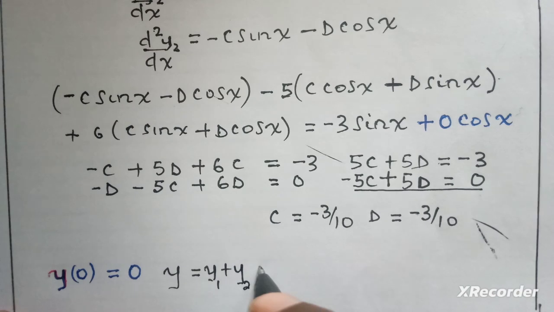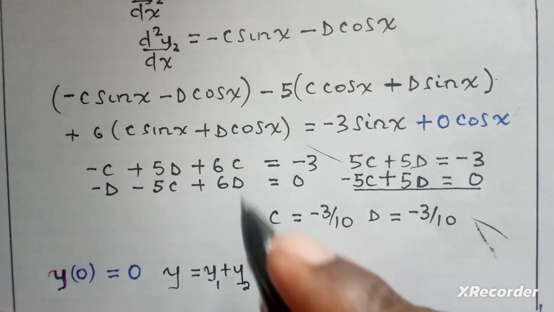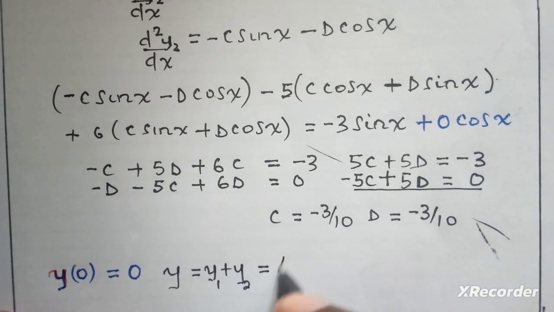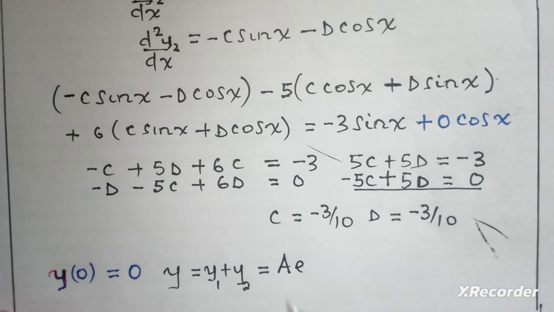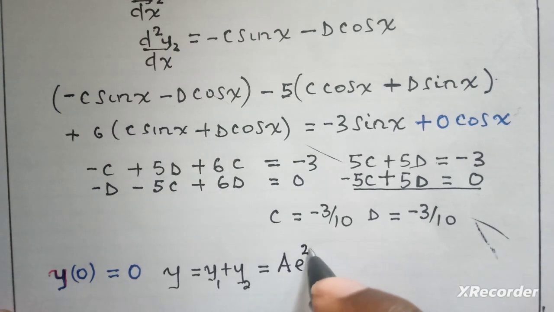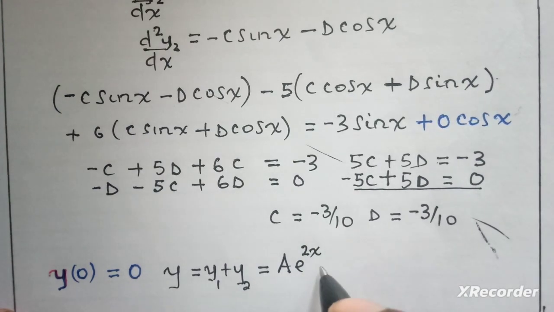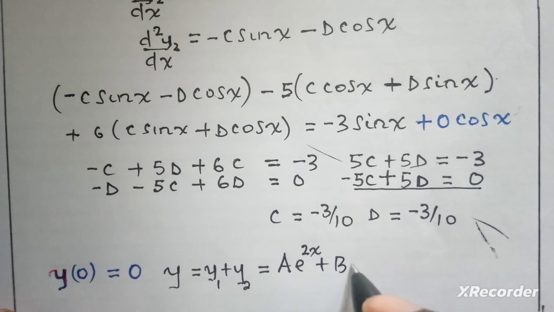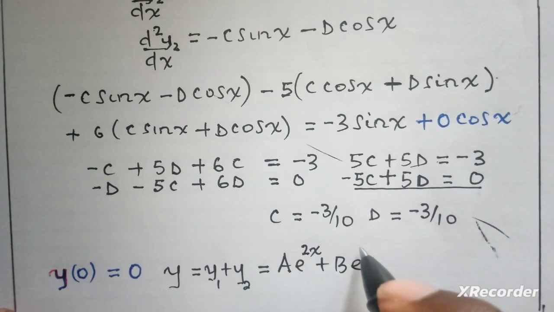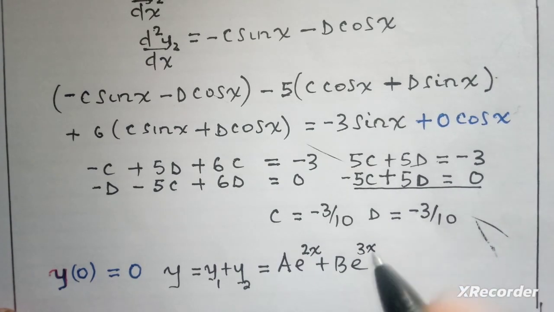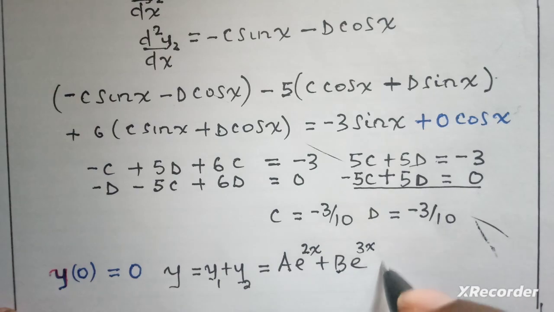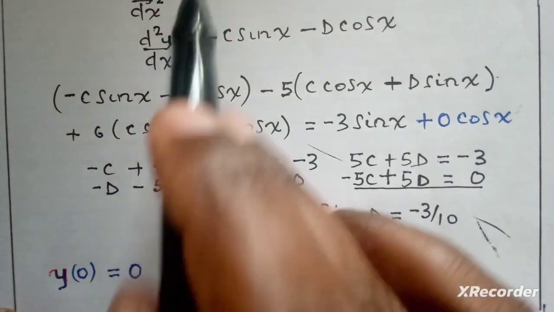So this one is going to be equal to, for y1 we have a e to the 2x, plus b e to the 3x, and then y2. Y2 we have it here, guys.